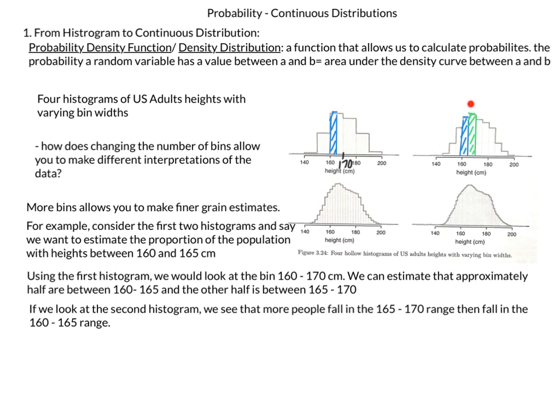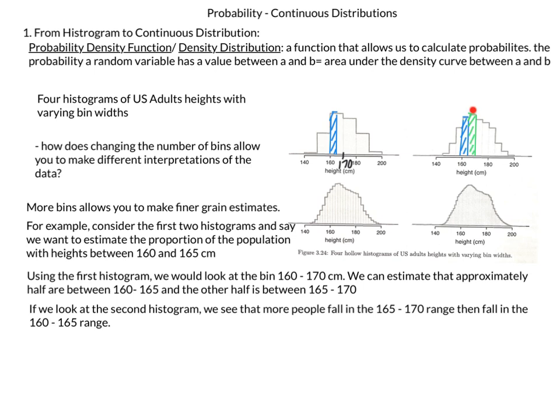So in other words, there are more people in the height range of 165 to 170 than 160 to 165. So again, we see that more people fall into the 165 to 170 range than fall in the 160 to 165 range. We see that because the height of this histogram is taller.